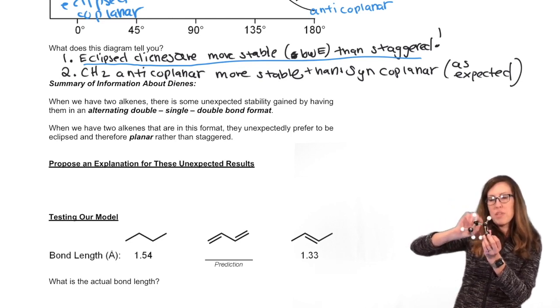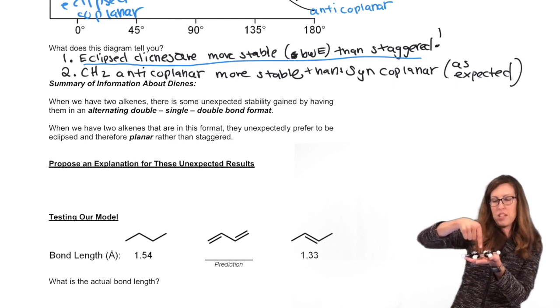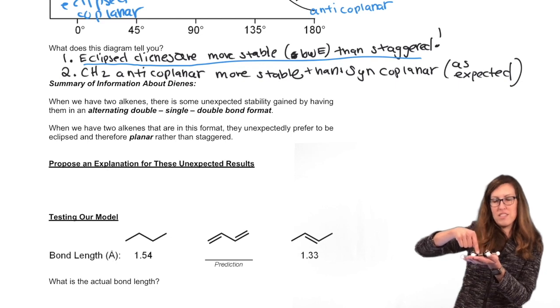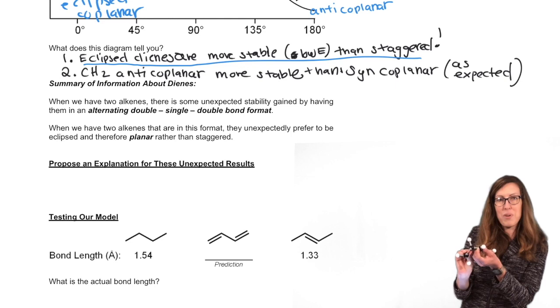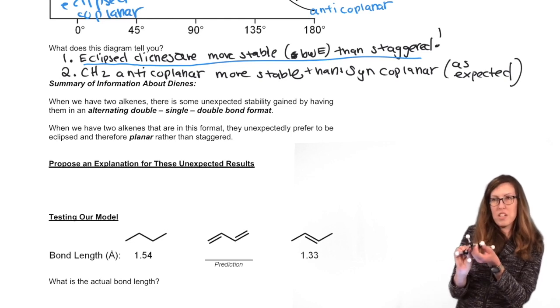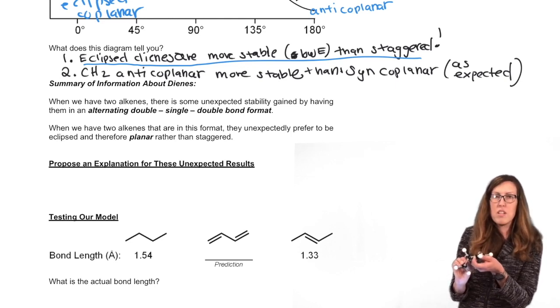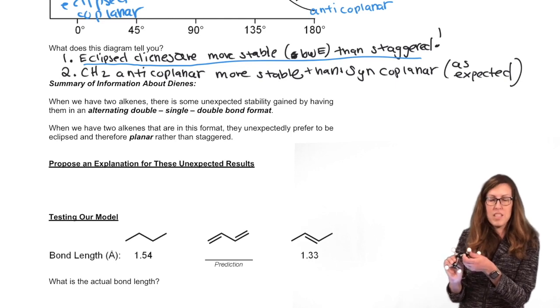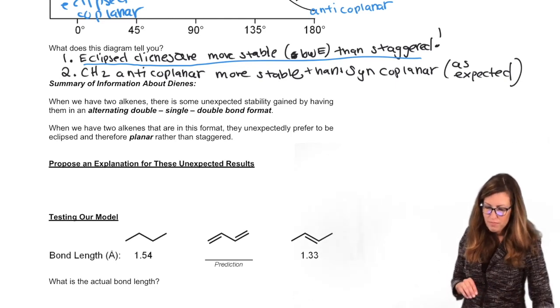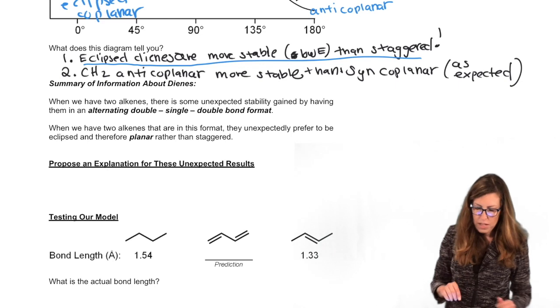You have to have all p orbitals, and remember they overlap side to side. They have to be parallel. So if you take a parallel p orbital and rotate it 90, it's not parallel anymore. It's not worth disrupting the conjugation in order to achieve more room for sterics, as we see in the energy profile.